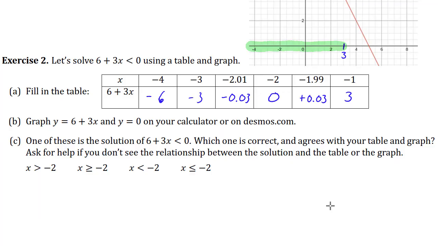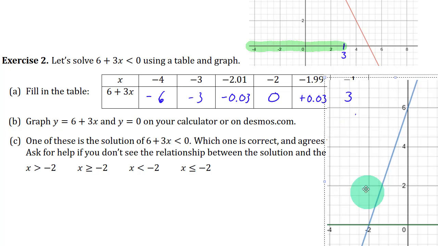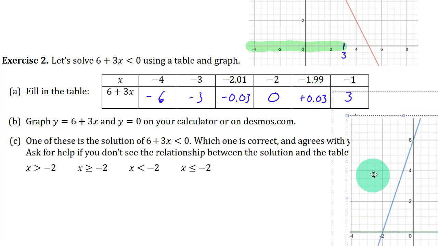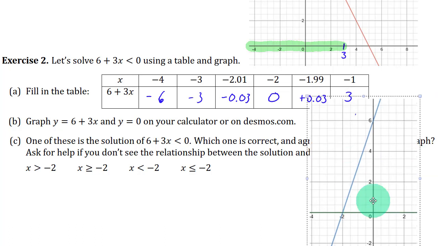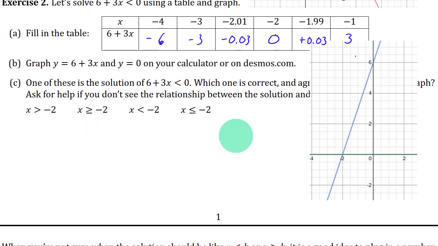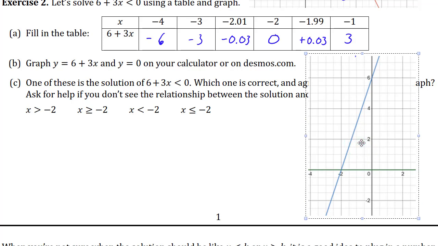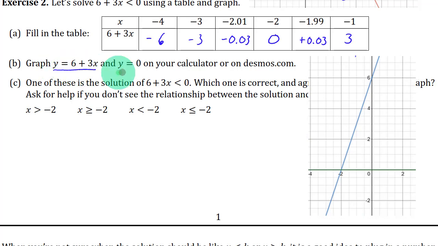Let me shrink it so it'll fit in our little frame here. Okay, so we have y equals 6 plus 3x in blue and y equals 0 in green.